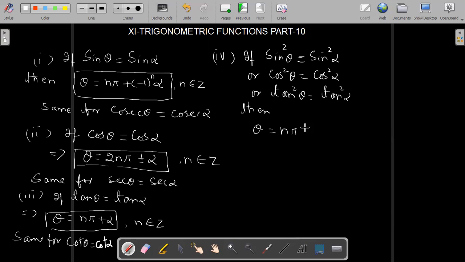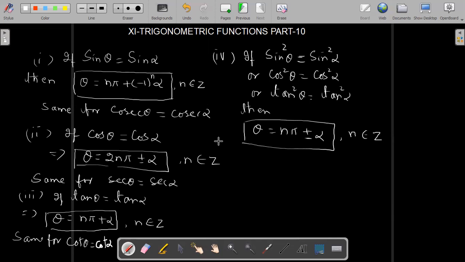This formula is used to find the general solution, where n is an integer. You got it? This is all about the formulas.